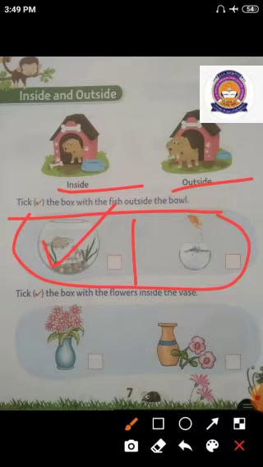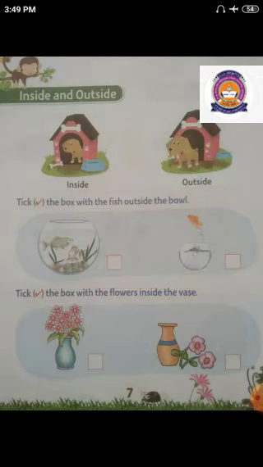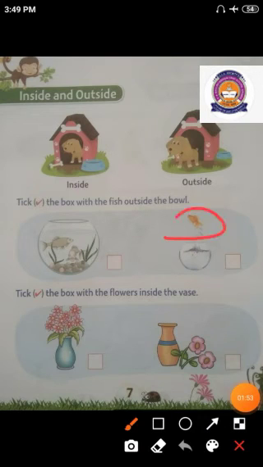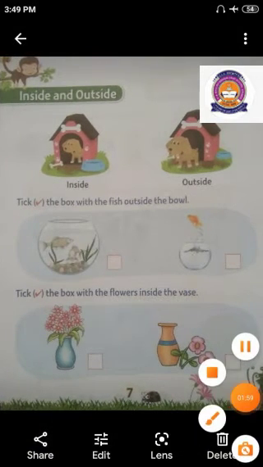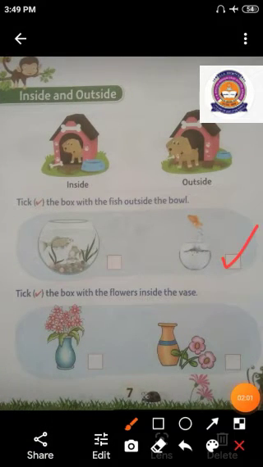Two fishes. In the second picture, only the fish bowl is there. The fish is outside the fish bowl. So, you have to put the right mark in the second fish bowl box. Okay.